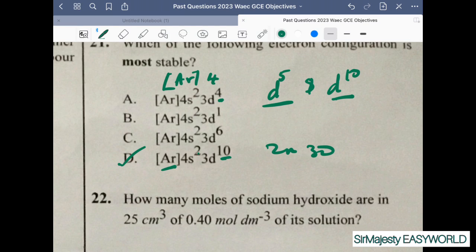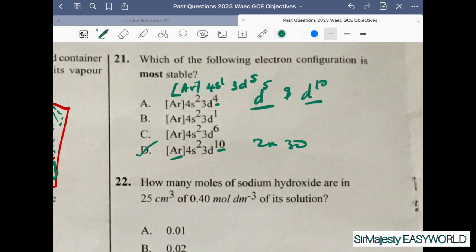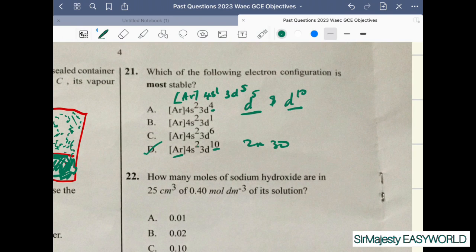How to write chromium should be Ar 4s1 3d5 and not this. But the answer to this question should be D, because there are special stabilities with the copper and the chromium group in the periodic table, and this might be the reason why they disobey the Aufbau principle. That's the pattern of writing configuration.